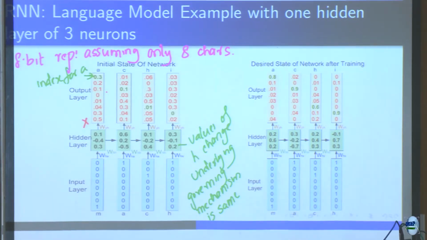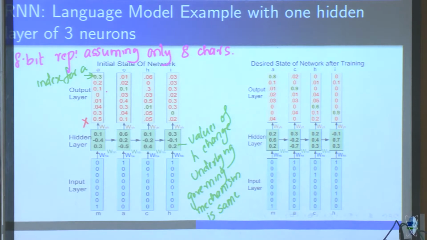So you could do backpropagation here. To get to the desired state from the initial state, you will do backpropagation so that the next character will be what you have in the ground truth based on the current character, and the hidden state, and the weights should all get adjusted.